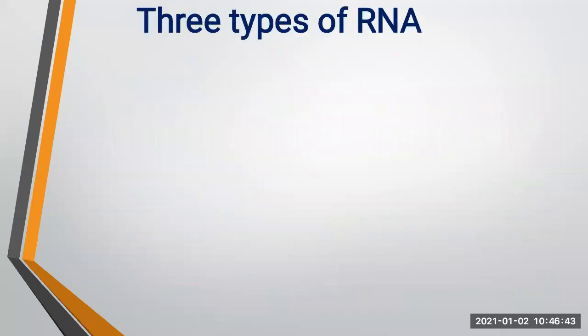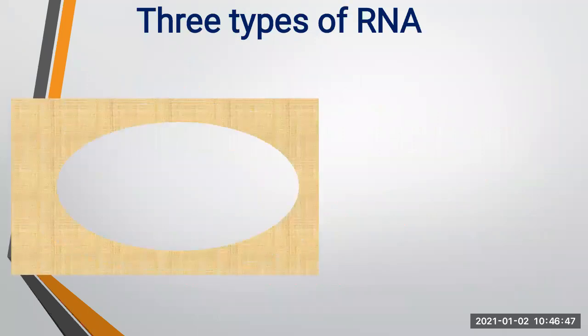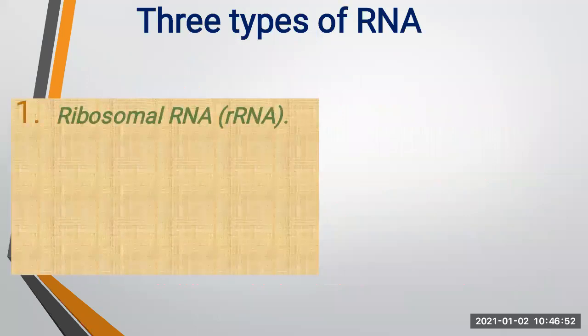Now, depending upon the functions of the RNA, there are 3 types of RNAs. Those are ribosomal RNA, that is rRNA, then the messenger RNA, mRNA, and transfer RNA, tRNA.